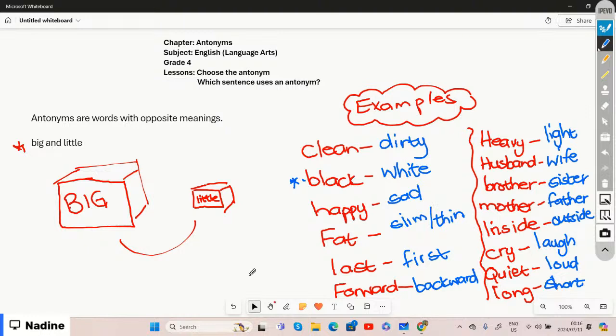It's either something is black or it is white. It's either you are happy, like genuinely happy, or you are extremely sad. It's either you are fat or you are slim.